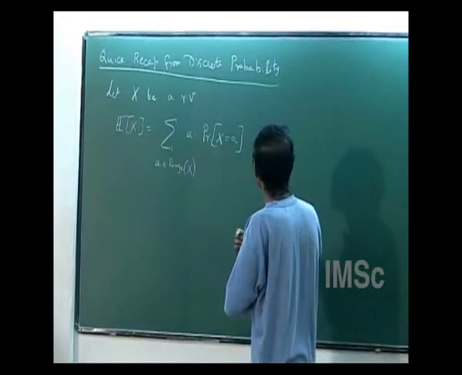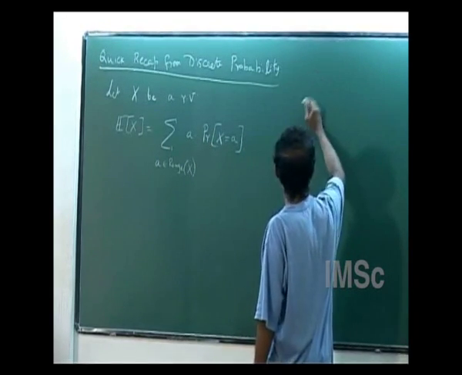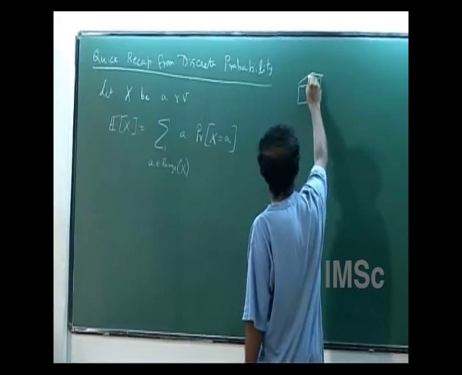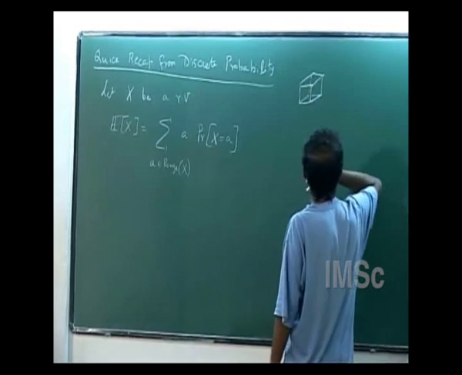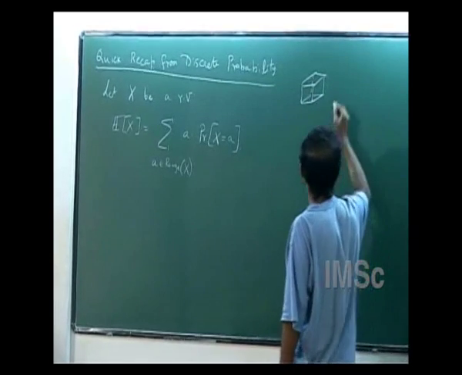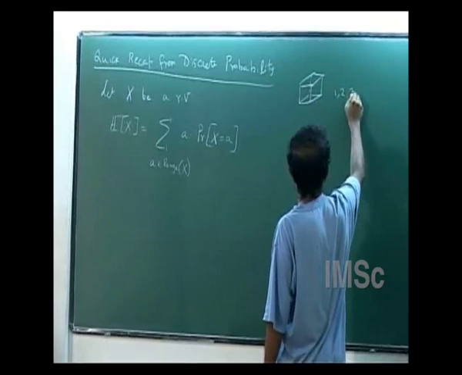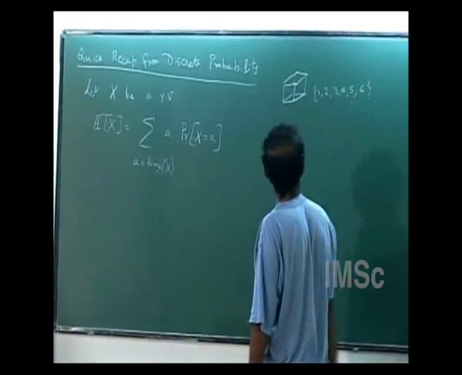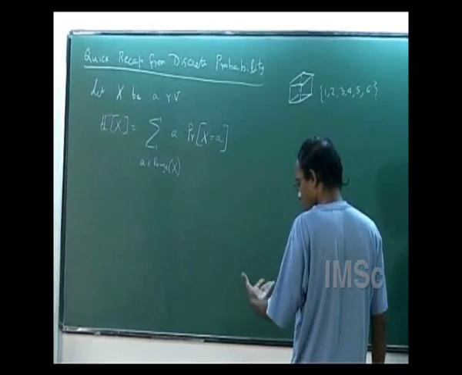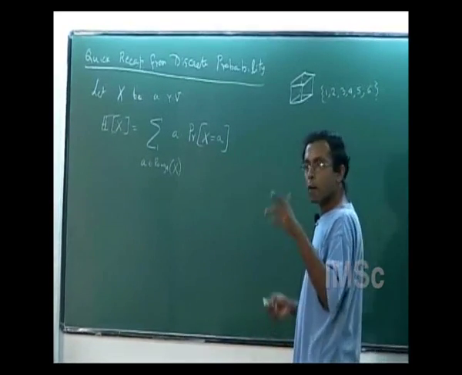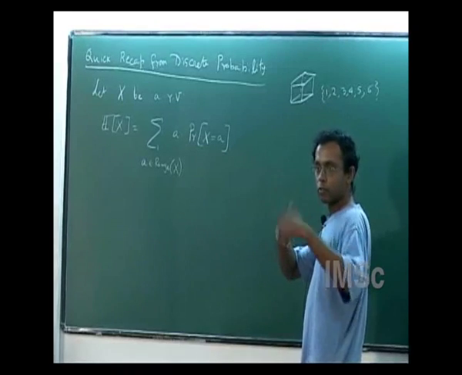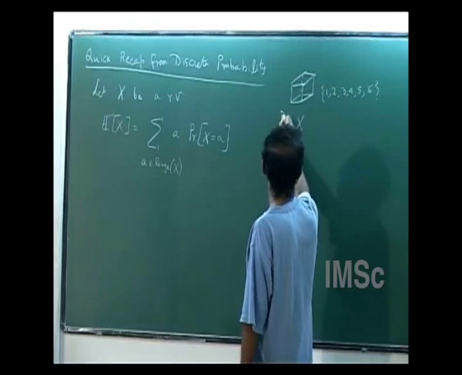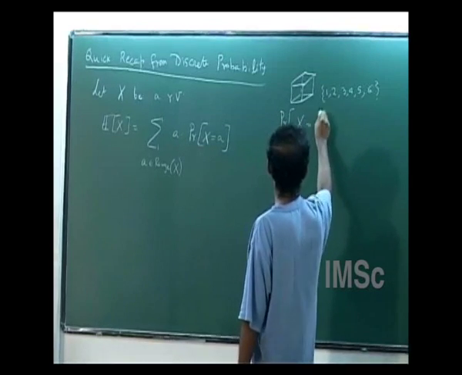Let's take a simple example. Let's say you have two dice, so you are throwing two dice, and they are marked with 1, 2, 3, 4, 5, 6. You are watching the sum of their faces when you throw them, and let X denote that sum. So you are interested in the probability of, let's say, X equal to 4.